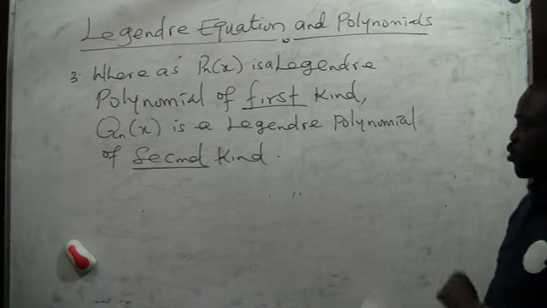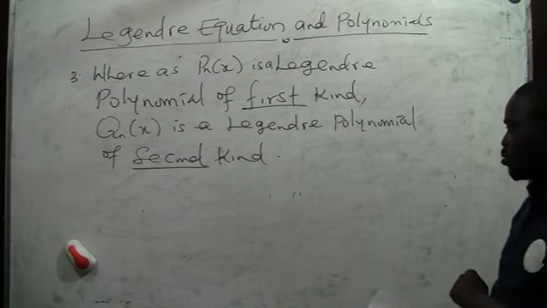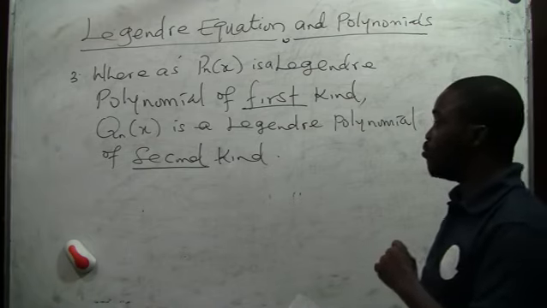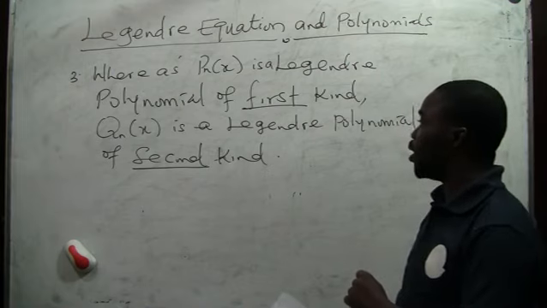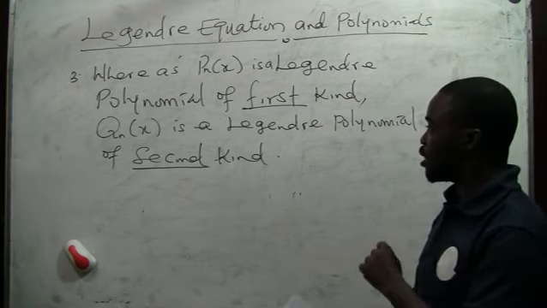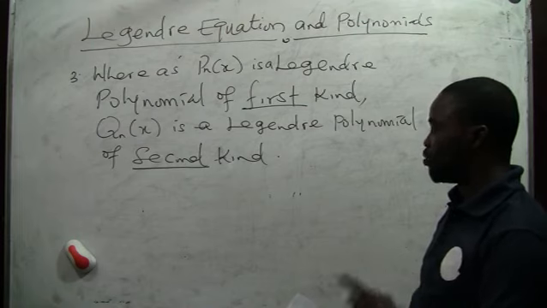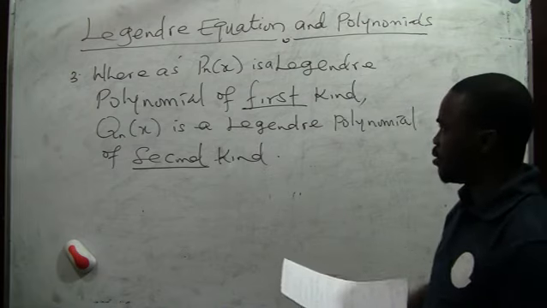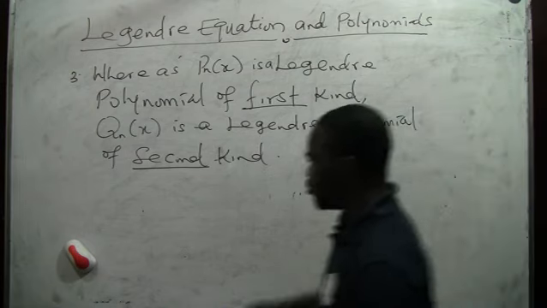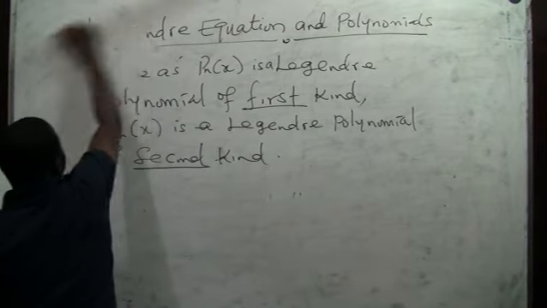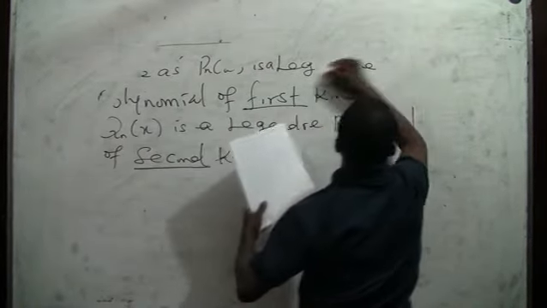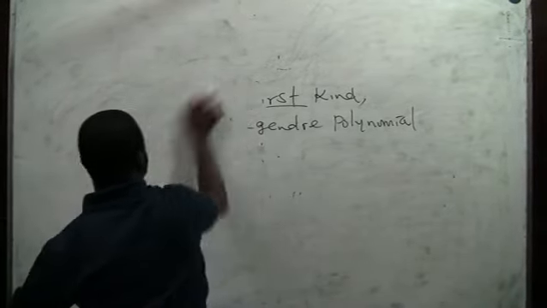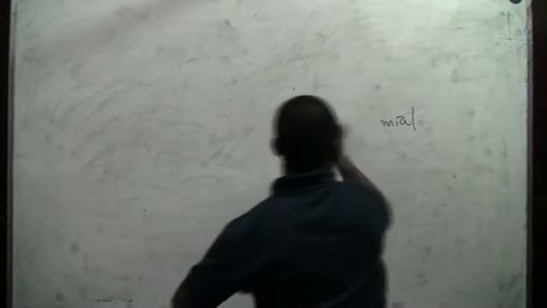We solve equation 1 at a regular singular point using the method of Frobenius in order to determine Pn of the first kind and Qn of the second kind, which are respectively the solutions of the Legendre equation. So let's look at how to obtain Pn of x and Qn of x. There are several ways of obtaining this from the Frobenius method. So let's take them one after the other, those that we can consider today.